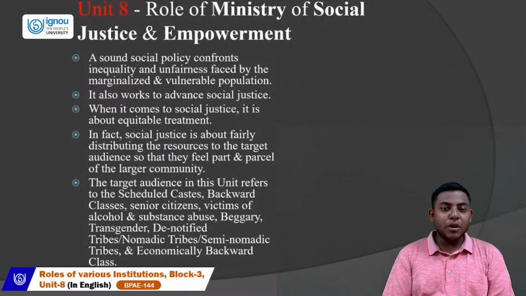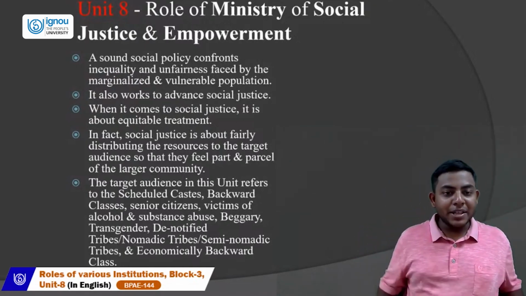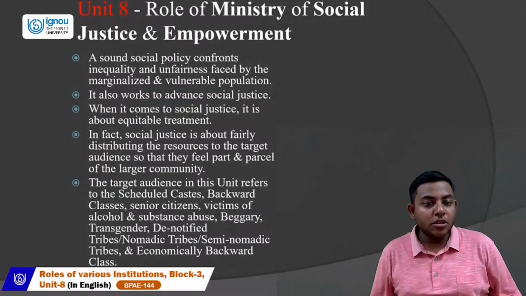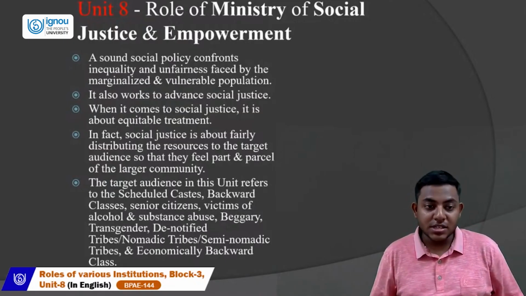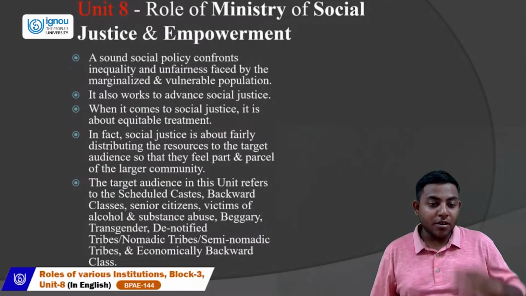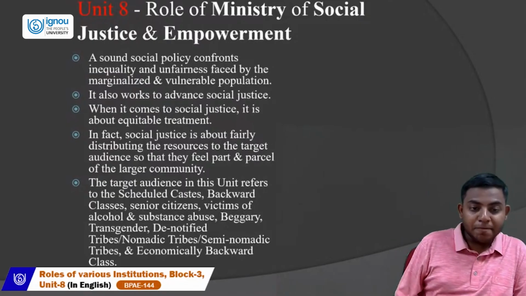A sound social policy confronts inequality and unfairness faced by the marginalized and the vulnerable population, that we know. It also works to advance social justice. When it comes to social justice, it is about equitable treatment. In fact, social justice is about fairly distributing the resources to the target audience so that they feel part and parcel of the larger community.